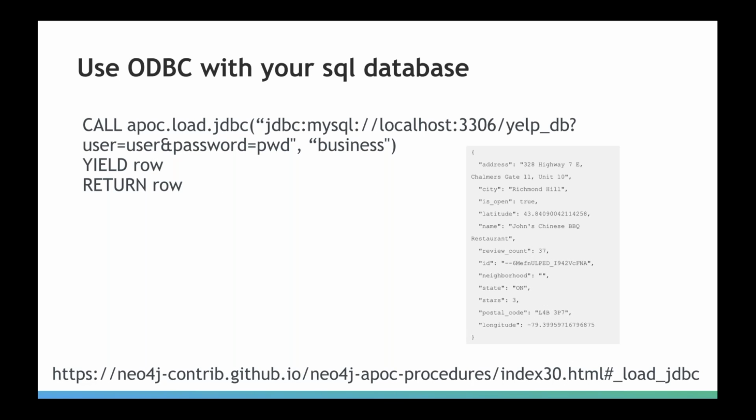And here is how I use JDBC to access the MySQL database on my computer. You can see on the right-hand side how I can inspect the data from the MySQL database.